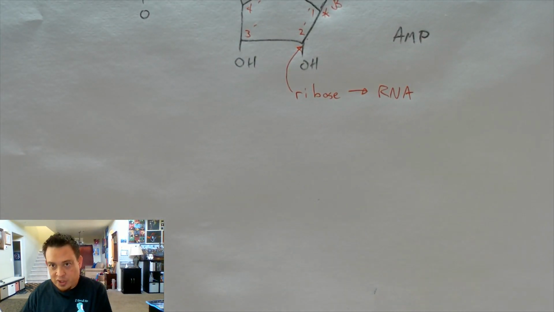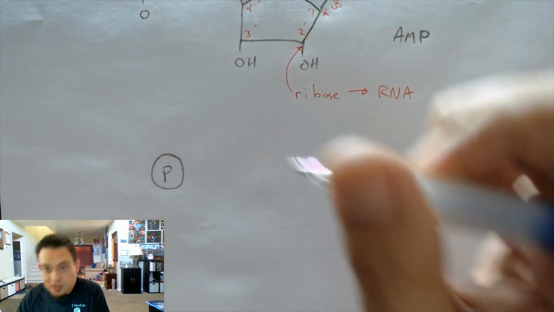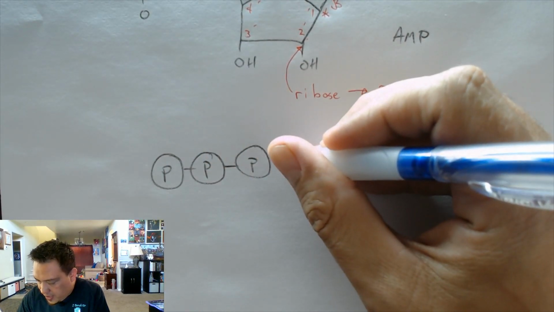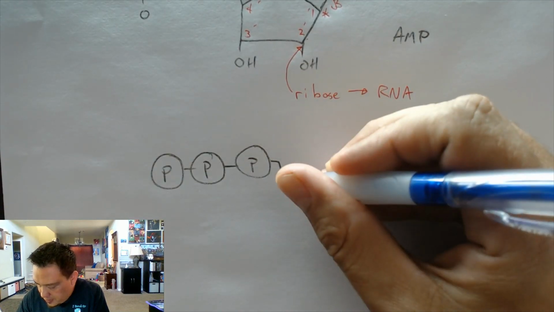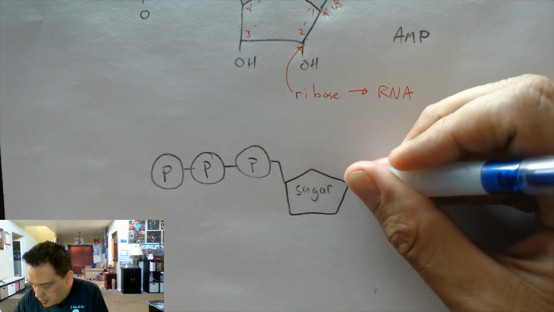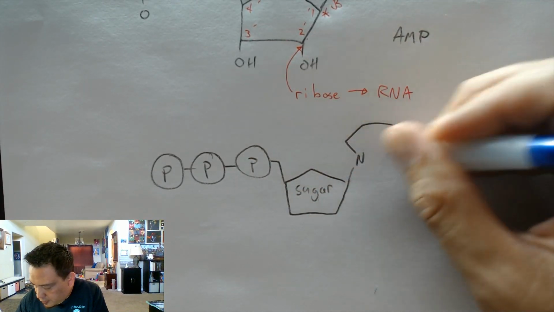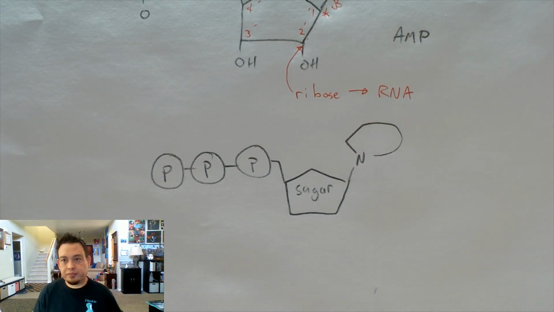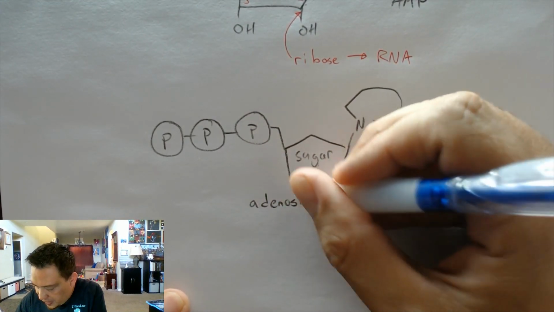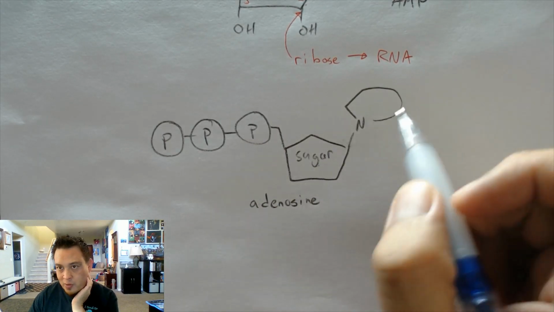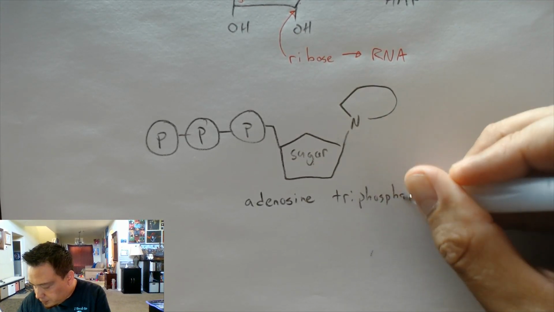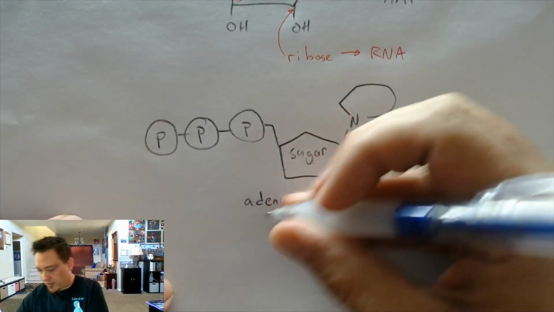If you're drawing that in shorthand, phosphates are shown as just P, and then you have your sugar, and then your nitrogen compound. This is adenosine. The adenosine comes from which base is attached, and then triphosphate. This is ATP for short.